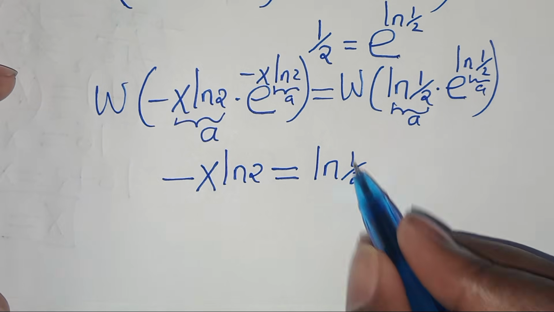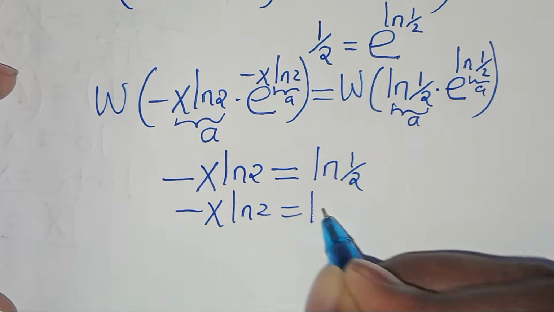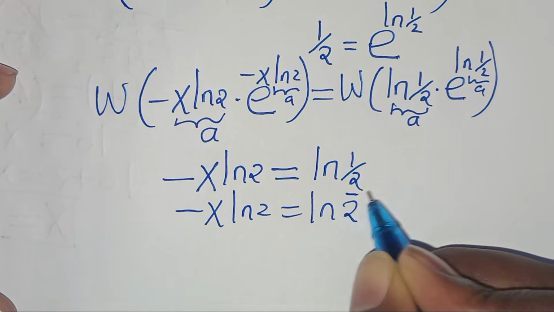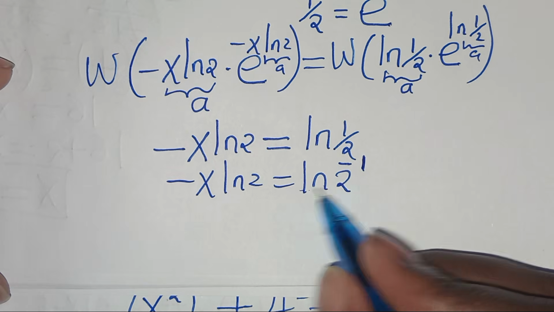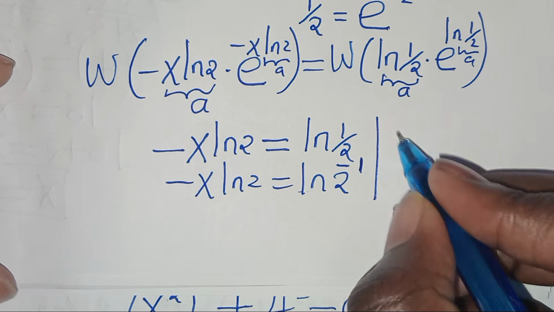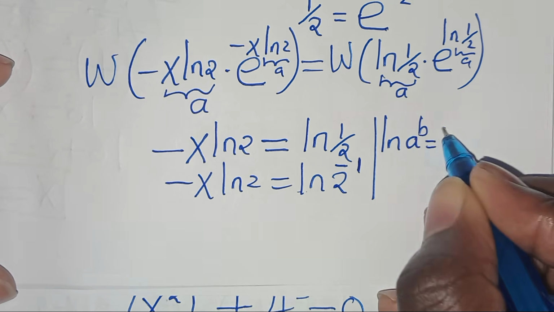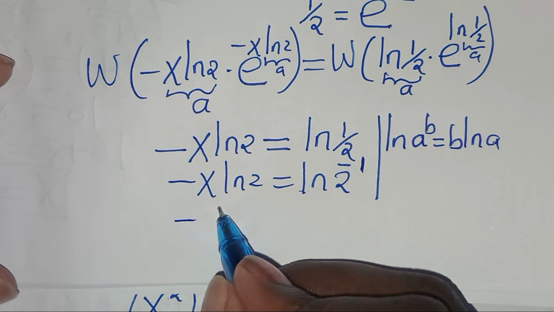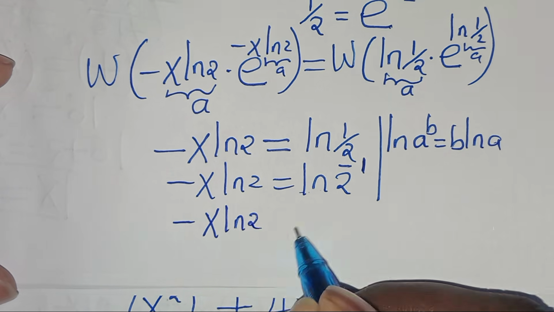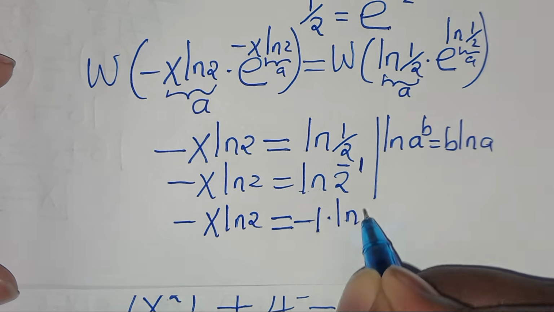Now, we can express a half here. This is the same thing as ln of 2 raised to the power of minus 1. And this means that this is in the form of ln of a to the power of b, which can be expressed as b ln of a. So we have minus x ln of 2 equal to negative 1 times ln of 2.